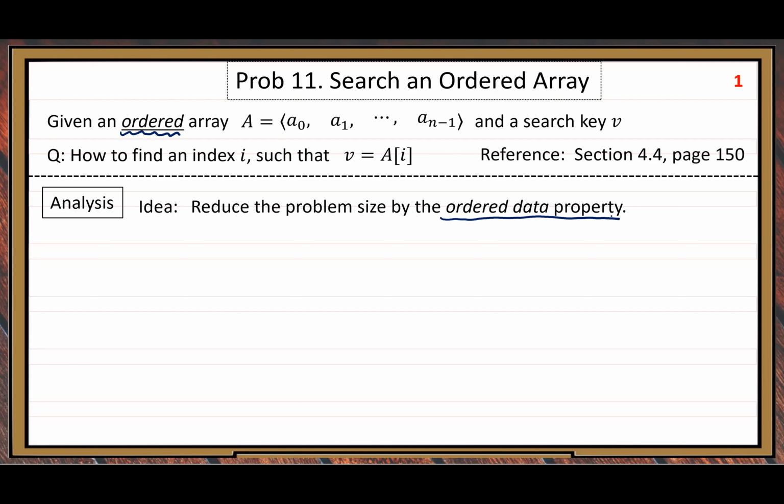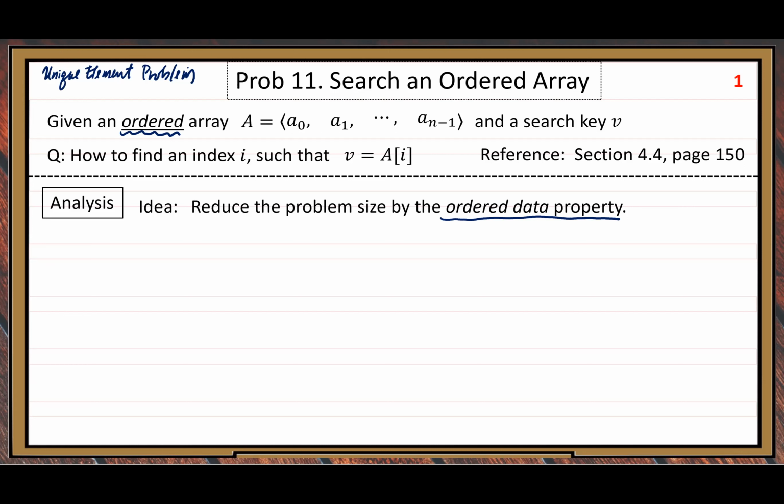Remember when we solved another problem, the unique element problem. In that question we used two methods.